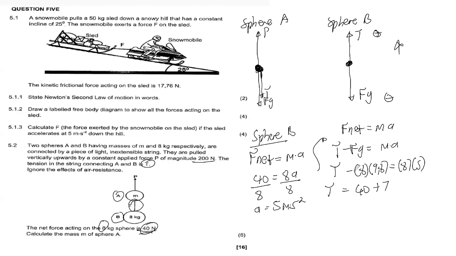It's negative here, but if we transpose it, it becomes positive. I hope you understand that. Then that's 118.4 newtons. So now we've found the magnitude of the tension. If the tension here is 118.4 newtons, the tension in sphere B must also be 118.4 newtons, because in a system, the tension and acceleration are always the same, right?